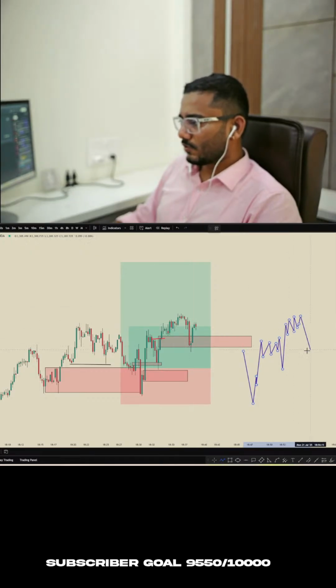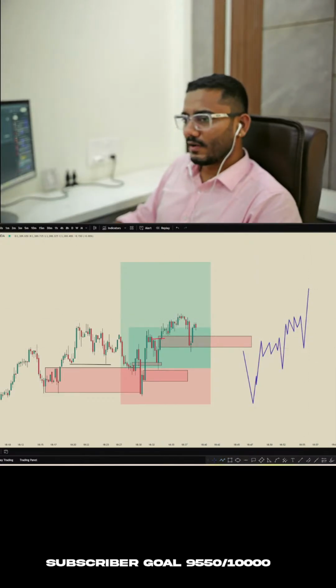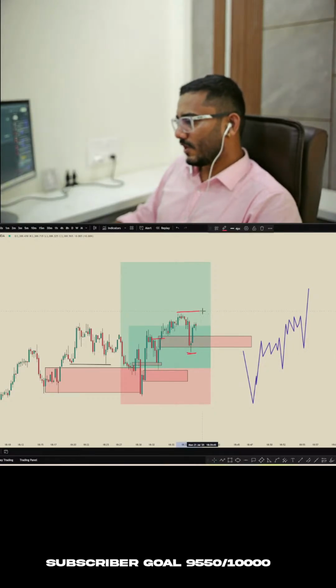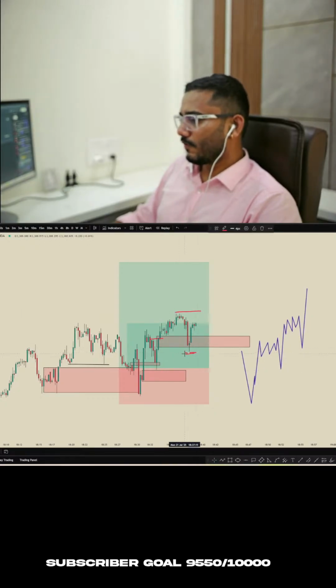And now this low sweeps, fulfills this imbalance, and if this breaks to the upside, we can consider it as our new strong low, where we can put our stop loss to break even.